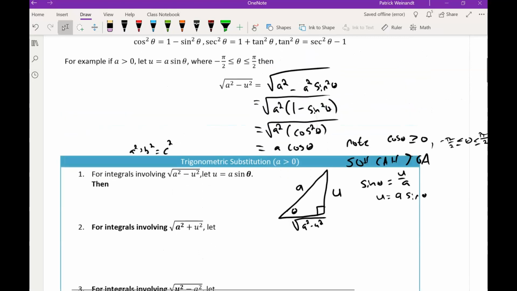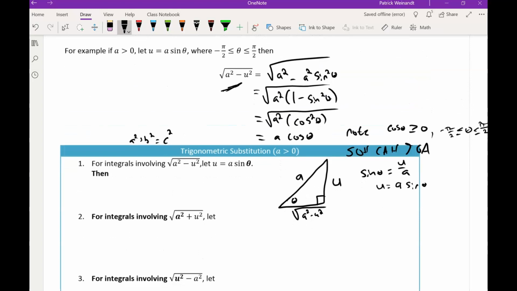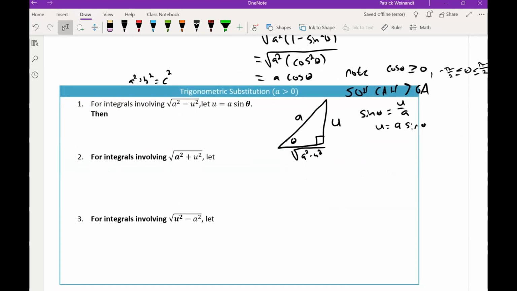If we simplify this in a similar manner like we did up here, we are going to find that the square root of a squared minus u squared is going to equal a times cosine theta, where our value for theta is between negative pi over 2 and less than or equal to positive pi over 2.